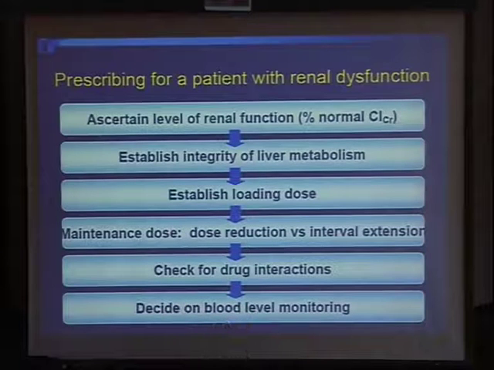And you have to establish the loading dose, and then the maintenance dose, considering the clearance, and you have to check for drug-drug interactions, and decide on the blood level monitoring, because for some of the drugs with a narrow therapeutic window, you will need to monitor the level of the drug in the blood.